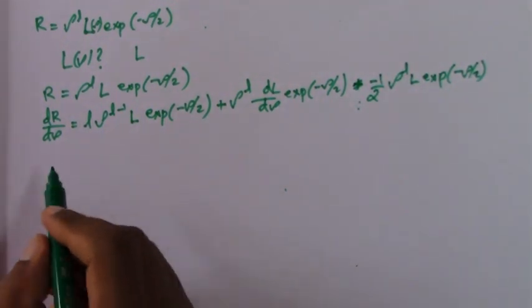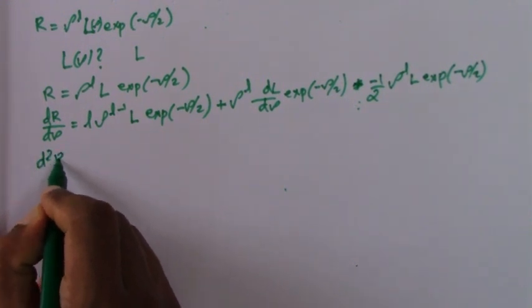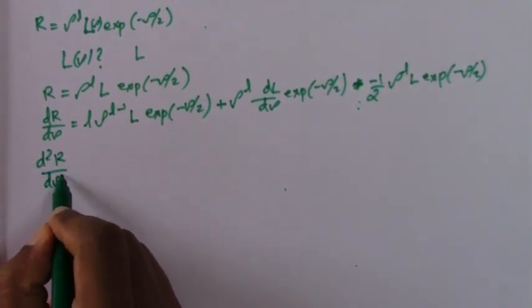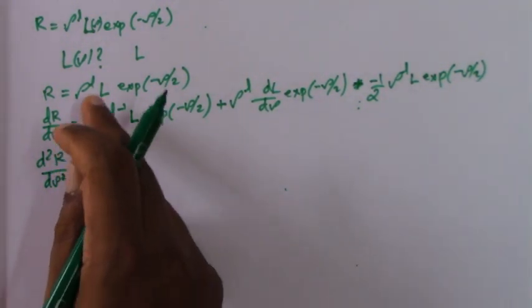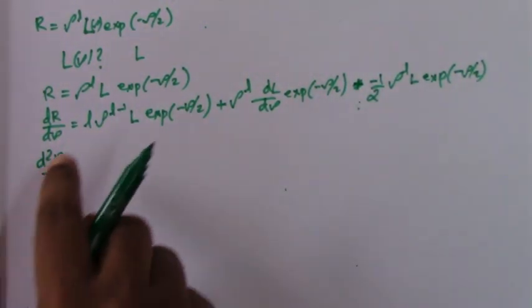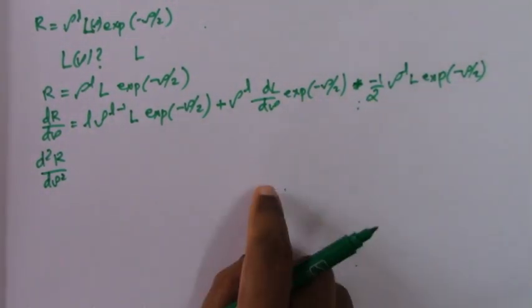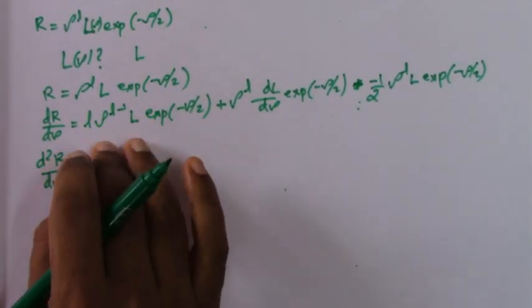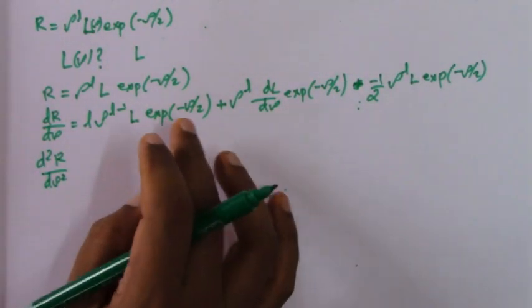So now we can find d square R by d rho square, which is the differential of this. There are 3 terms included here and each term is a product of 3, therefore totally we will have 9 terms, 3 originating from each.